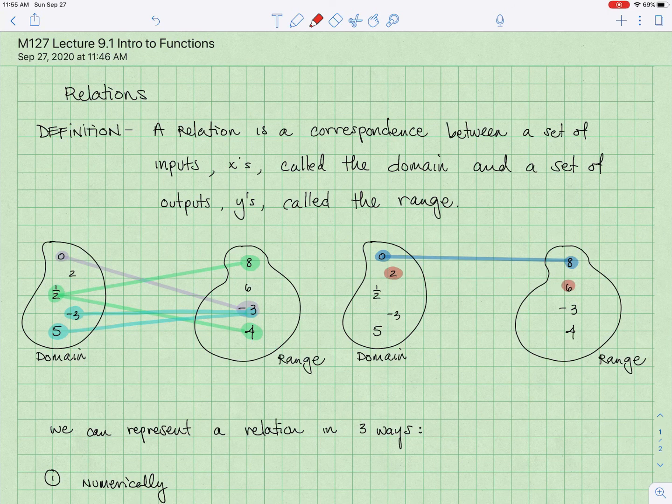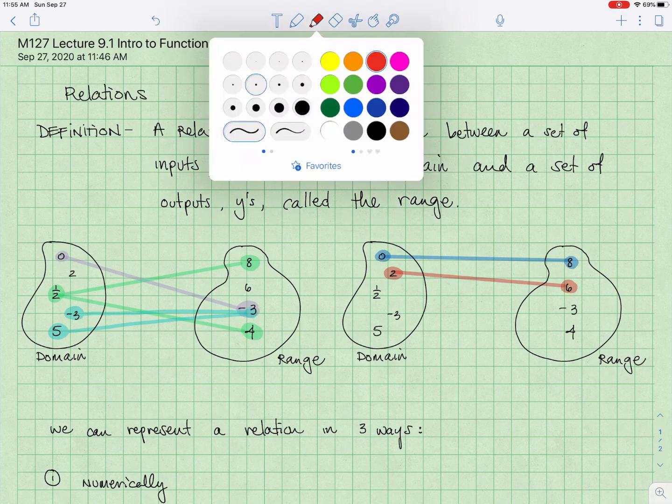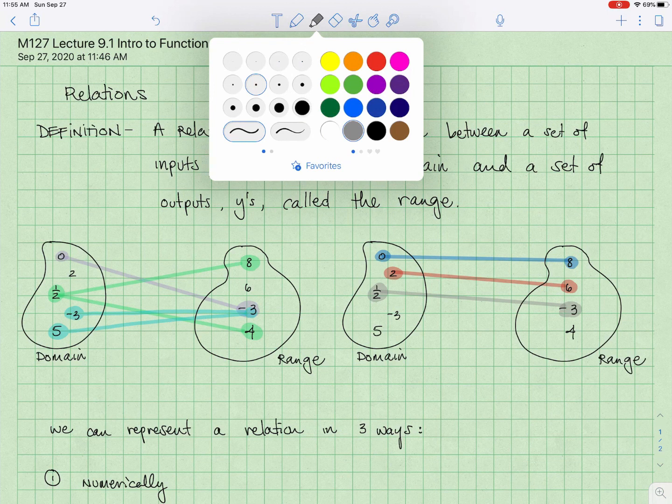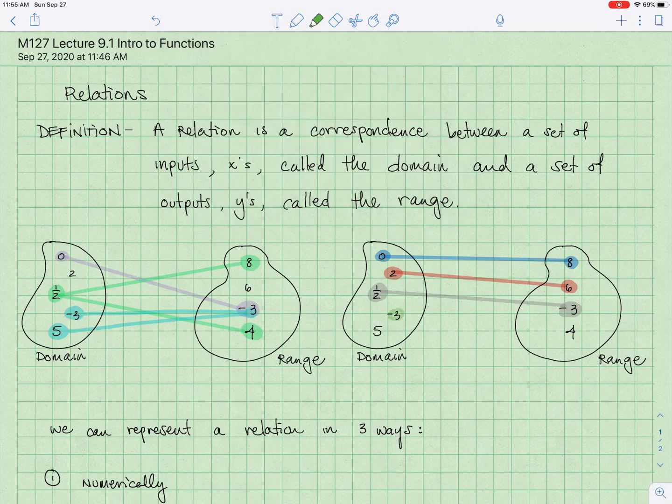Or 1/2 with -3. And maybe you can see where this is going. -3 and 4. And we don't have to use every single value, but if we wanted to, we could take this 5 and also match it up with 4. No big deal, no harm, no foul.